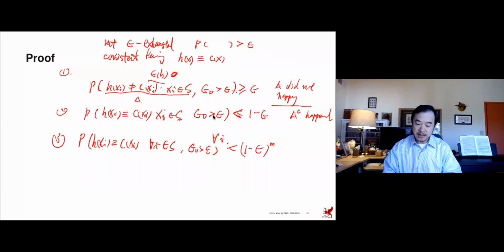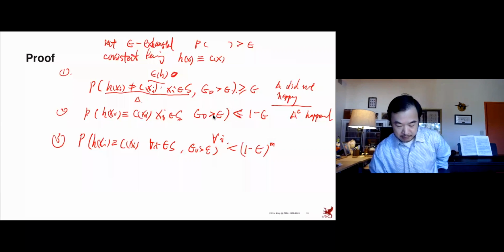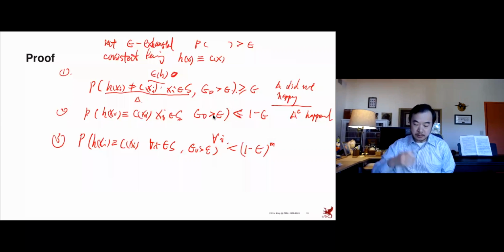And you can imagine that it is a number close to 1. You can approximate this with an exponential, just by Taylor expansion and some algebra. You can write it down in exponential form.